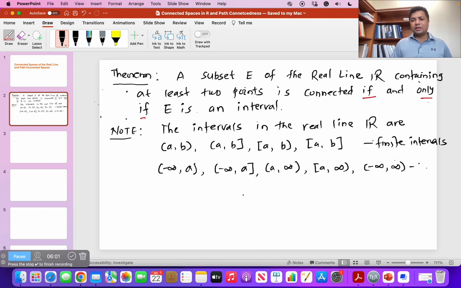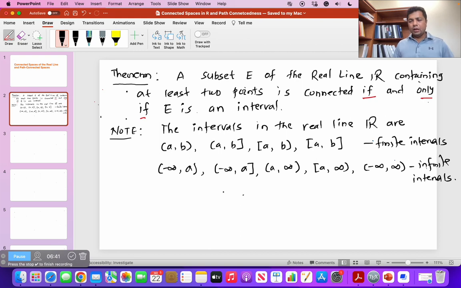These are the infinite intervals, and all these intervals are connected in R, the set of real numbers. And in our previous lecture, we have seen R itself is connected, and it is also listed here: negative infinity to positive infinity is R.